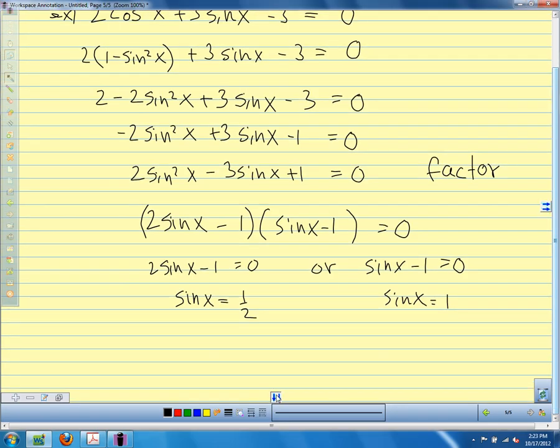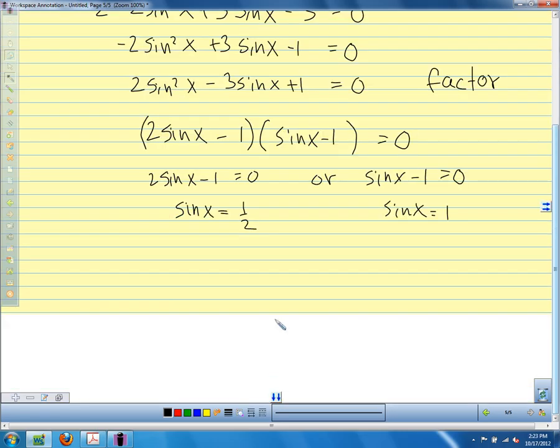And now I look at my unit circle and I figure out that sine x equals 1/2 at pi over 6 plus some multiple, or x equals 5 pi over 6. So for this one, I'm just looking on my unit circle, where is the sine of my angle 1/2?